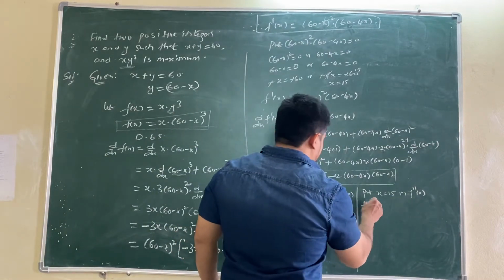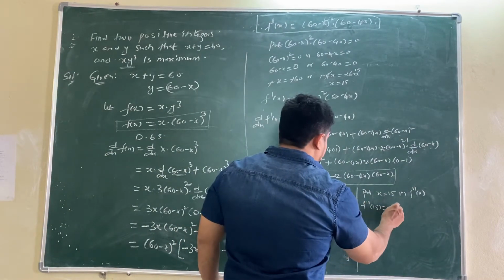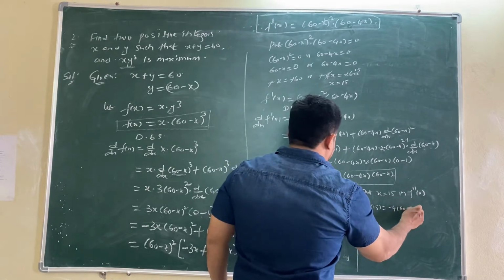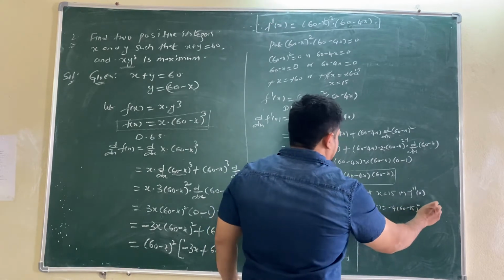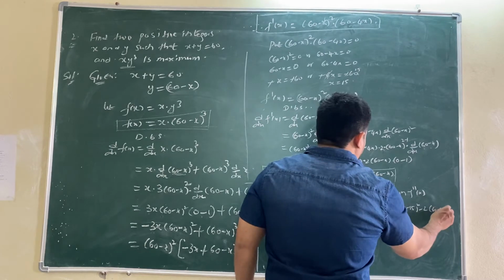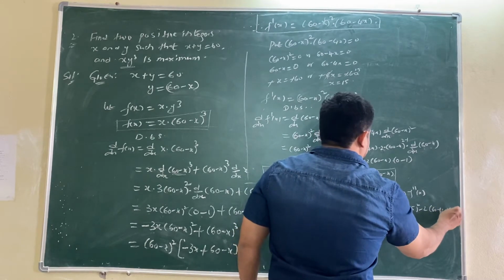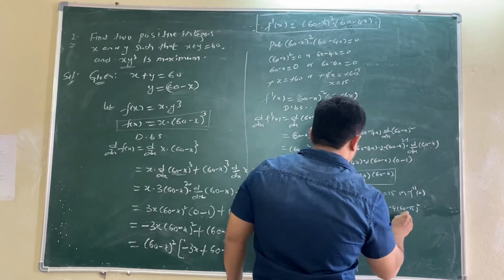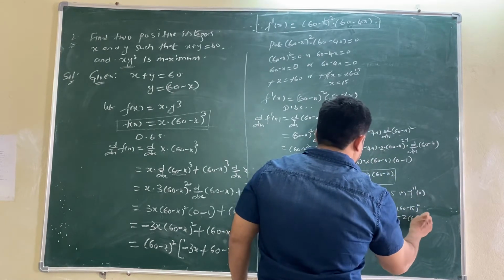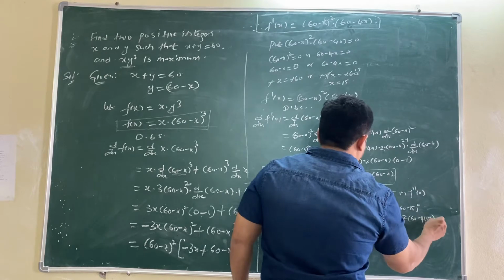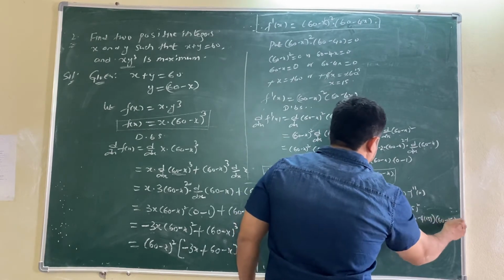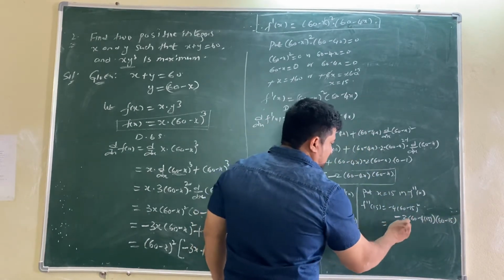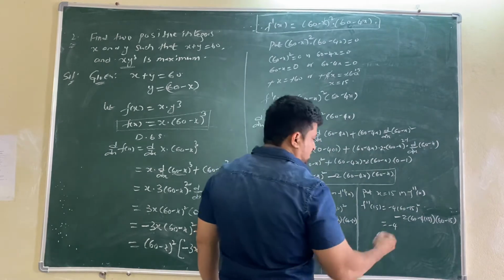Now f double dash of 15 equals to minus 4 into 60 minus 15 whole square minus 2 into 60 minus 4 into 15, 60 minus 15. Minus 4 into 60 minus 15, 45 whole square here.